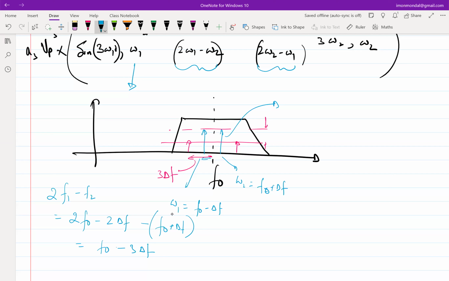So input increases by 1 dB, output will increase by 1 dB, right? So this guy will increase by 1 dB per dB, right? So this expression means that the output increases by 1 dB for every 1 dB increase of input, right? So this is output change, and this is input change.